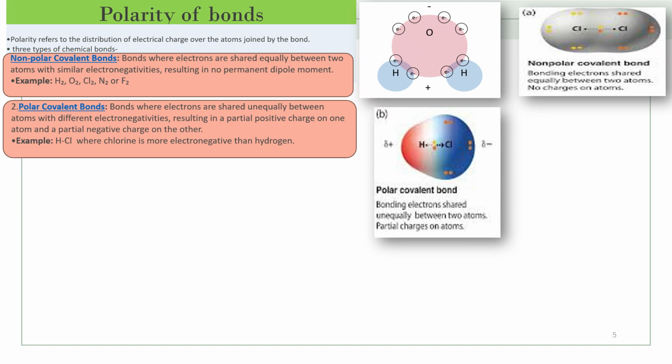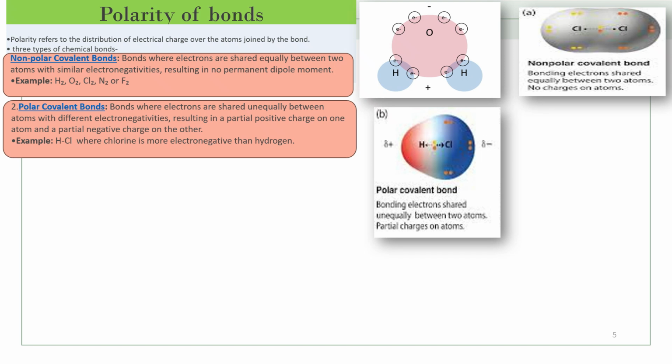Then hydrogen gets a partial positive charge. So a polar covalent bond means a bond where electrons are shared unequally between atoms with different electronegativities, resulting in a partial positive charge on one atom and a partial negative charge on the other atom.